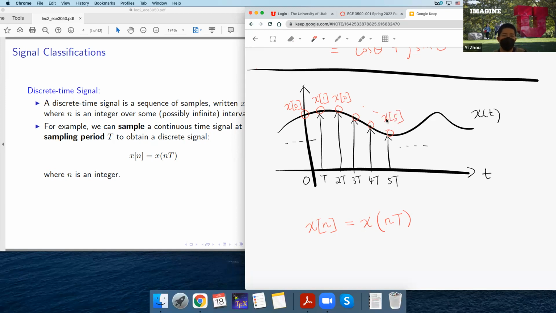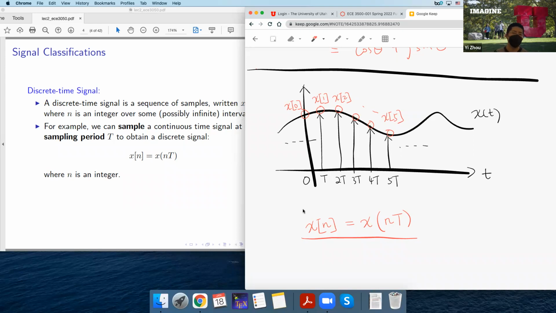So you can see the nth entry of this discrete time signal is basically the value of this continuous time signal evaluated at n times the period T. Therefore, we build a relation between the continuous signal and the periodically sampled discrete signal.